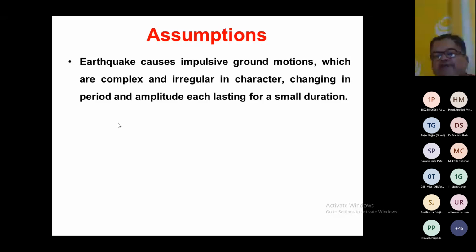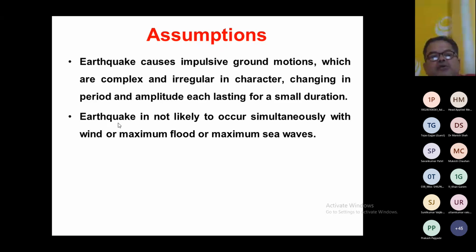So this is the only earthquake where earthquake engineers do not deny resonance, but except for that, the code assumes that resonance is not possible. The second assumption is that earthquake is not likely to occur simultaneously with wind or maximum flood or maximum sea waves.